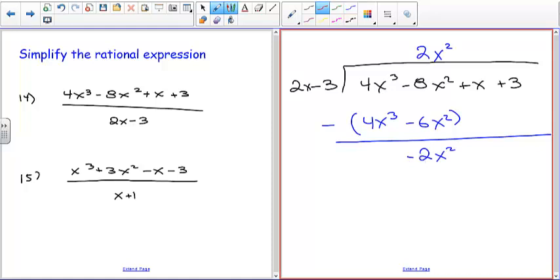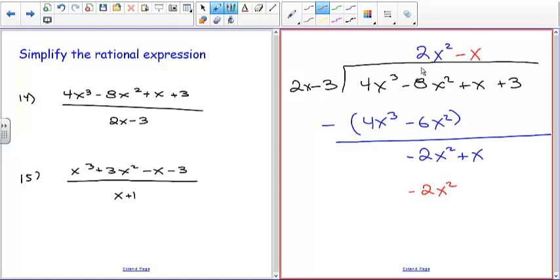Okay. So now we bring this x down from the original expression, and we ask, what do we need to multiply 2x by to get negative 2x squared? Well, the answer is negative x. Negative x times 2x is negative 2x squared.